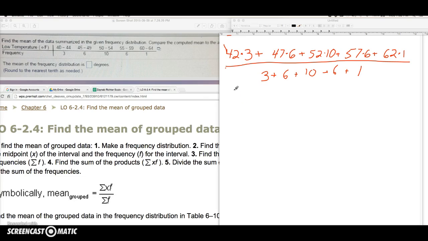So right now, I'm just going to take my calculator, if I can find it. I'm going to say 42 times 3 plus 47 times 6 plus 52 times 10 plus 57 times 6 plus 62 times 1, or I could have just said 62.